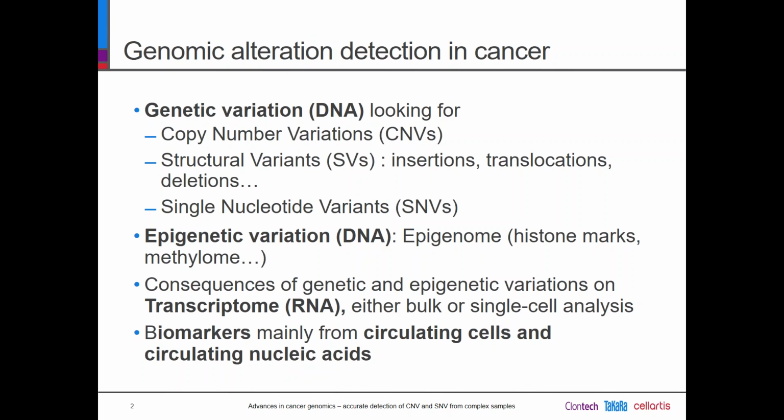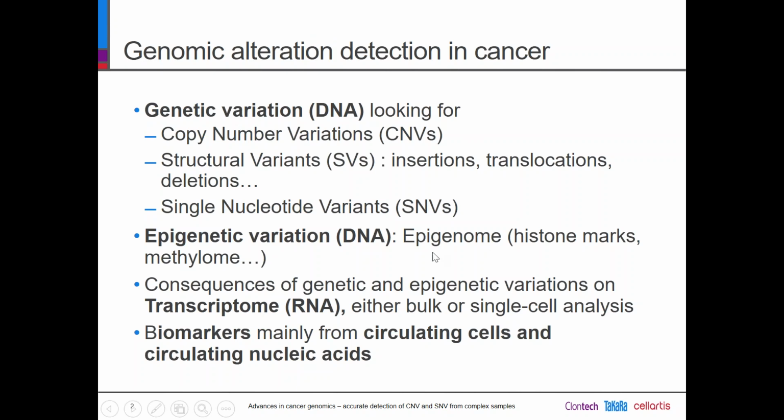So on top of this, you most probably are familiar with additional layers of investigation, like for example, epigenetic variation. So here looking at chromatin and the epigenome landscape, but as well at the transcriptome of cancer cells by RNA-seq, either in bulk population or single cell analysis, and all put together.